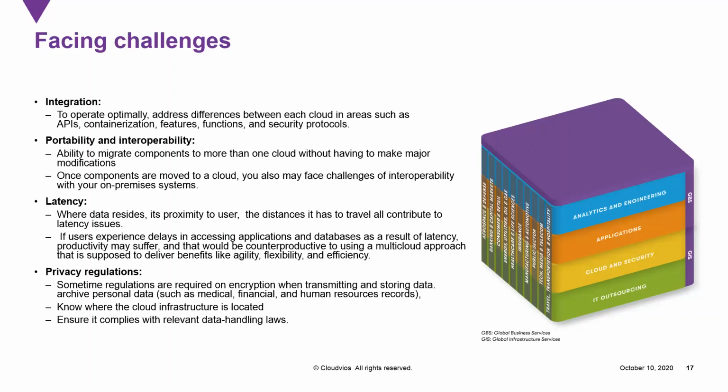So this is one of the possibilities. And when we talk about latency, definitely your data should be very, very close to the user. And definitely, there are privacy regulations that you need to take care of.